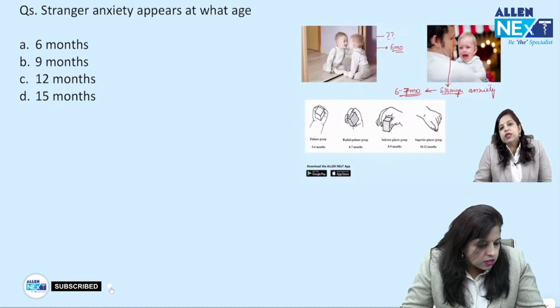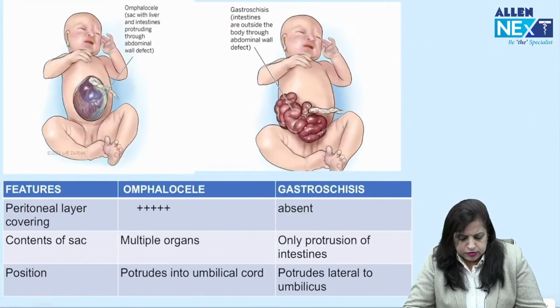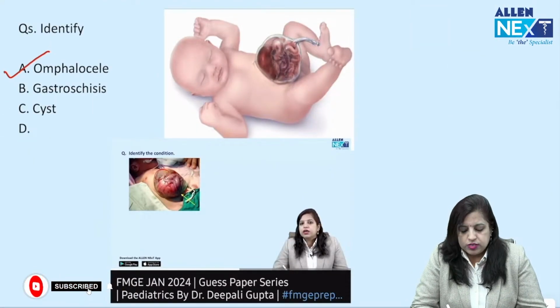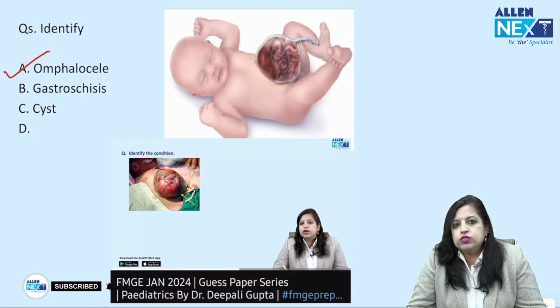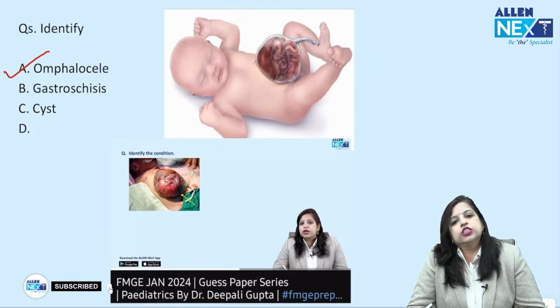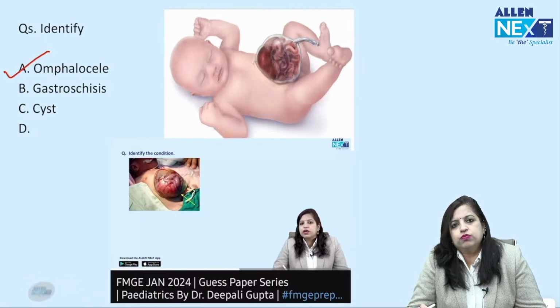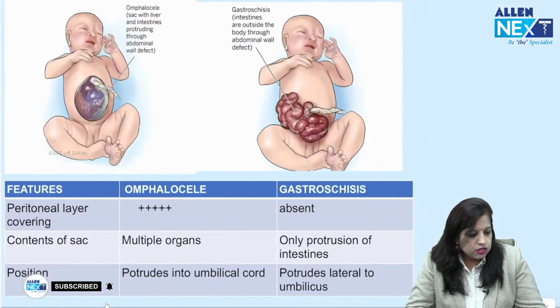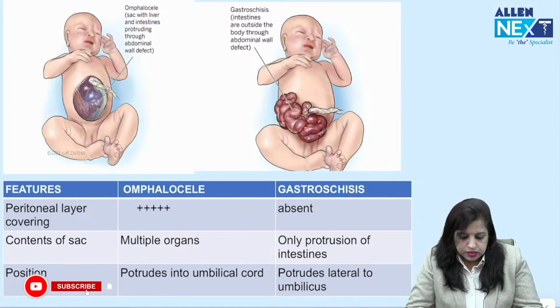If the diagram given was this, then this is omphalocele. Omphalomesenteric duct is something different, with a different picture, but this is definitely omphalocele.